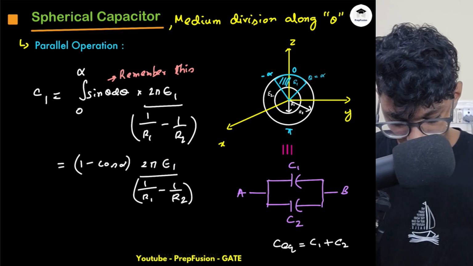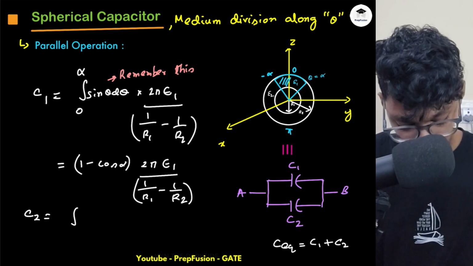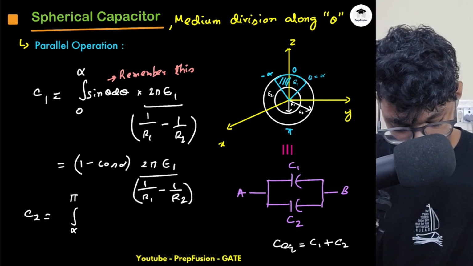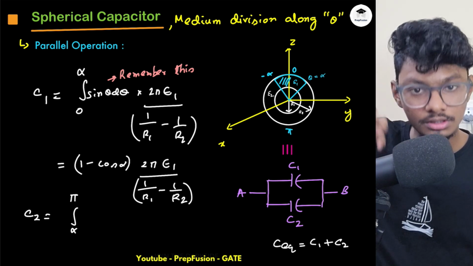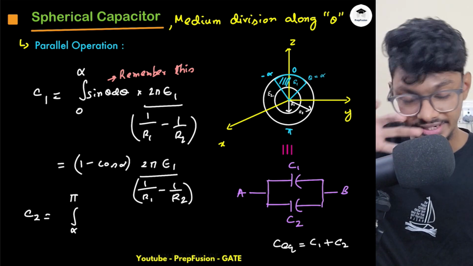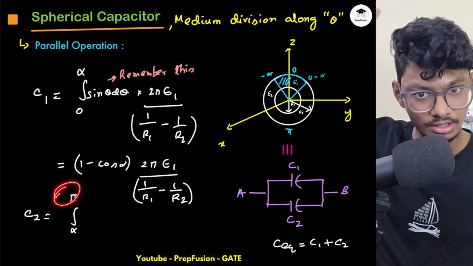What about C2? C2 will be from alpha to pi, because the higher limit is pi, right? If there are more mediums, you will just write those limits, and at the end, the last limit will be pi.